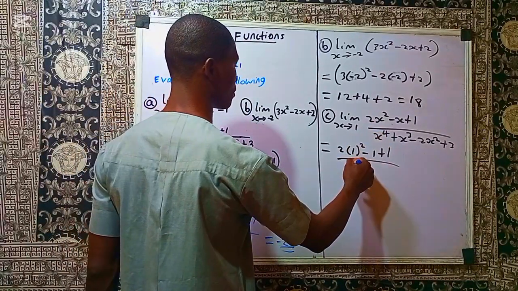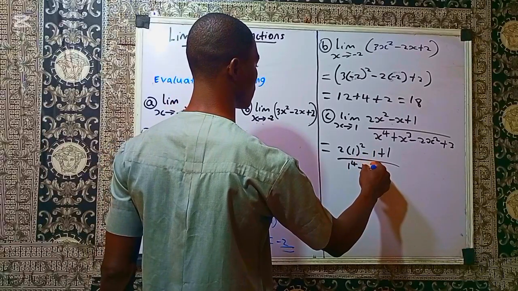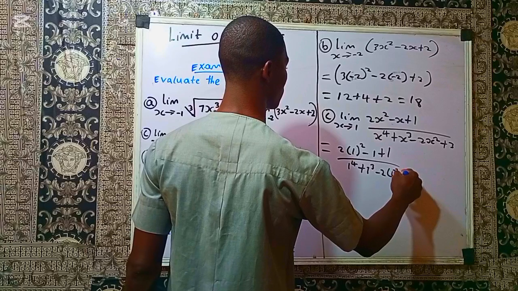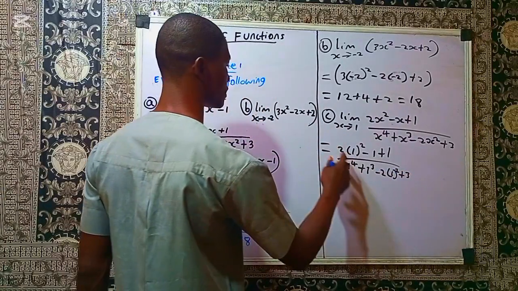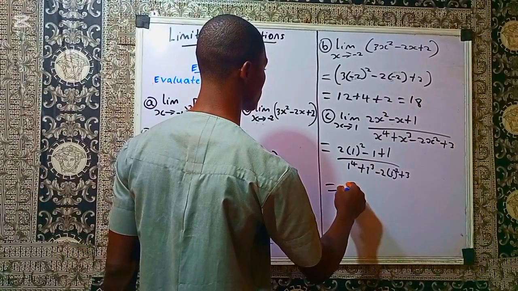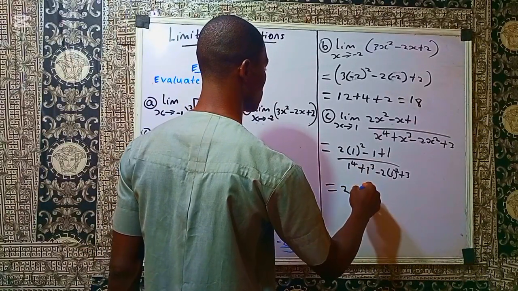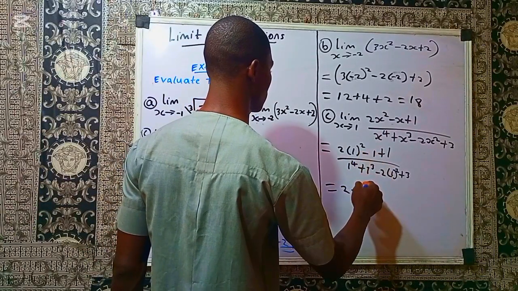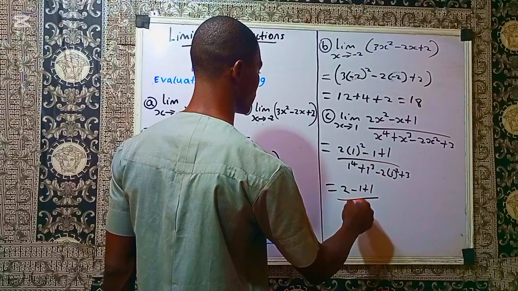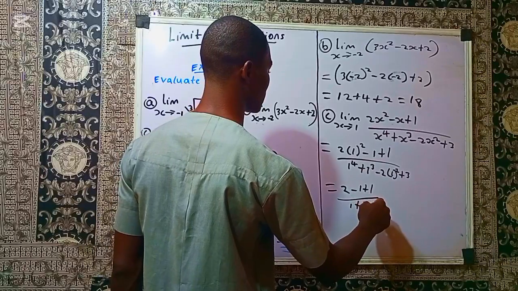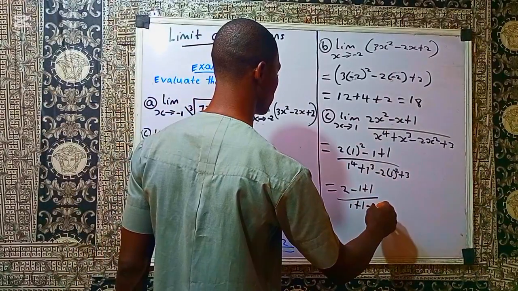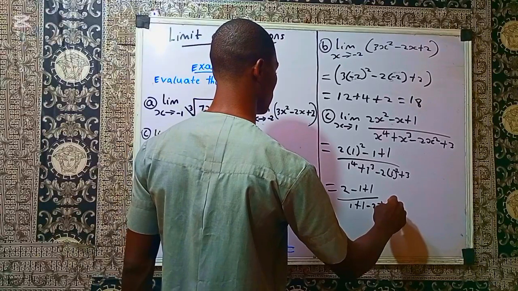So 1 raised to power 2 is 1. Multiplied by 2 is 2, minus 1, plus 1. All divided by 1 raised to power 4 is 1, plus 1 raised to power 3 is 1, 1 raised to power 2 is 1, multiplied by minus 2, plus 3.